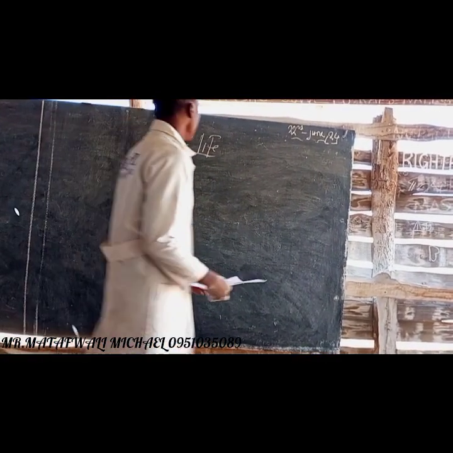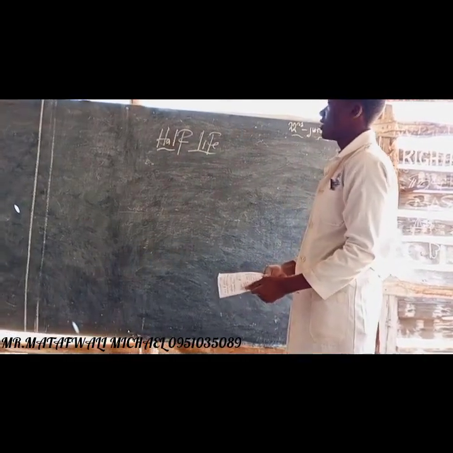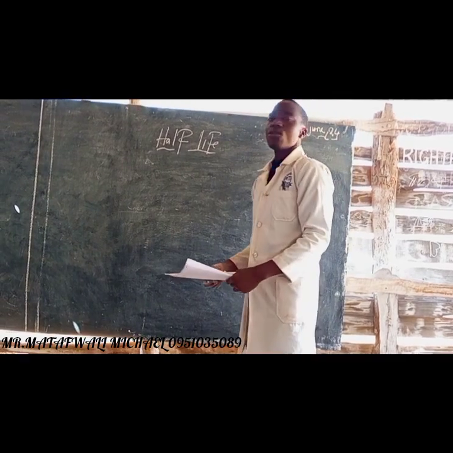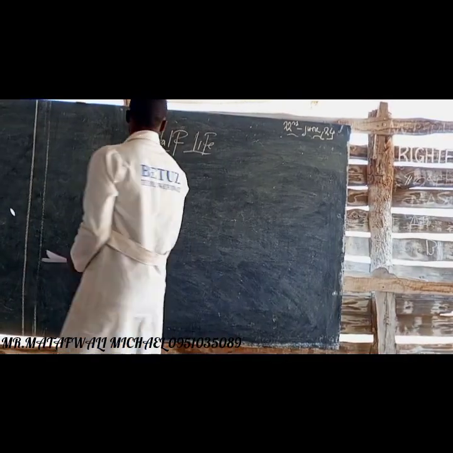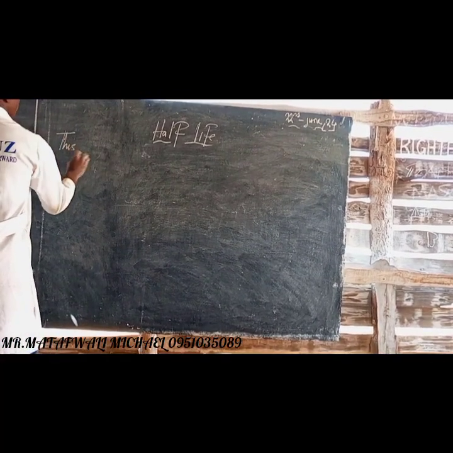So the definition of half-life: this is the time taken for an element to reduce by half of its original mass. So we are going to write the definition of half-life.